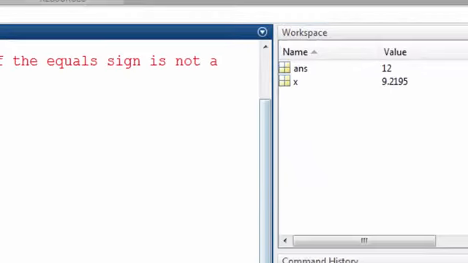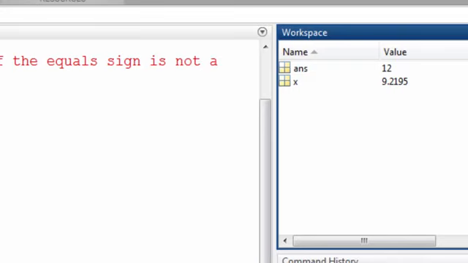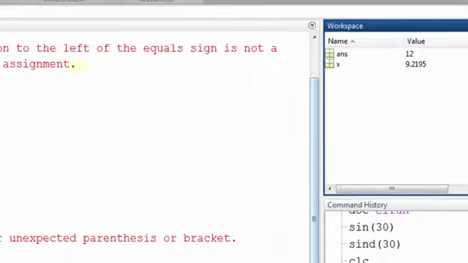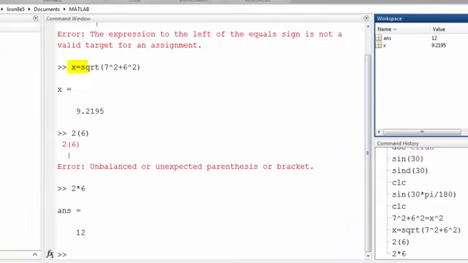Now look at the workspace again. Notice how now we have two answers. How come x is new? Well, when we solved our equation, we didn't tell MATLAB to use the default location ans. We actually wanted the result to be stored in a variable called x.